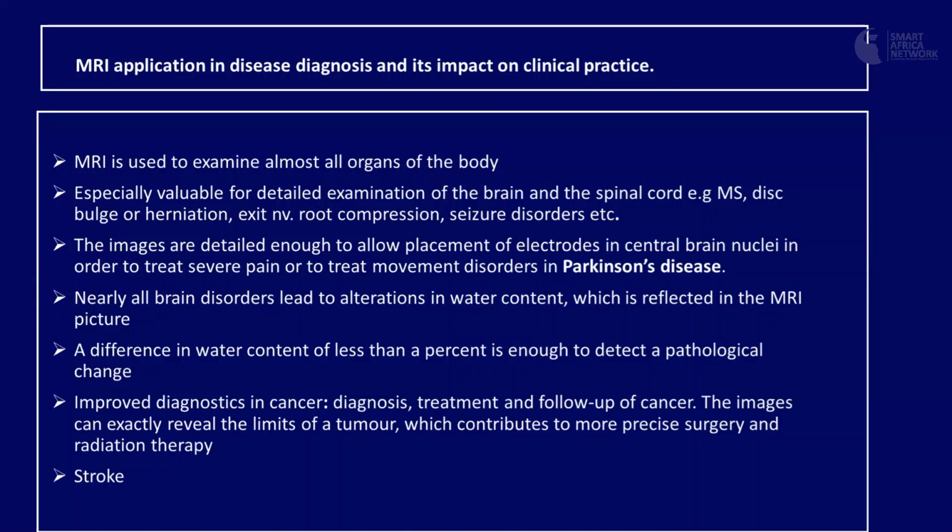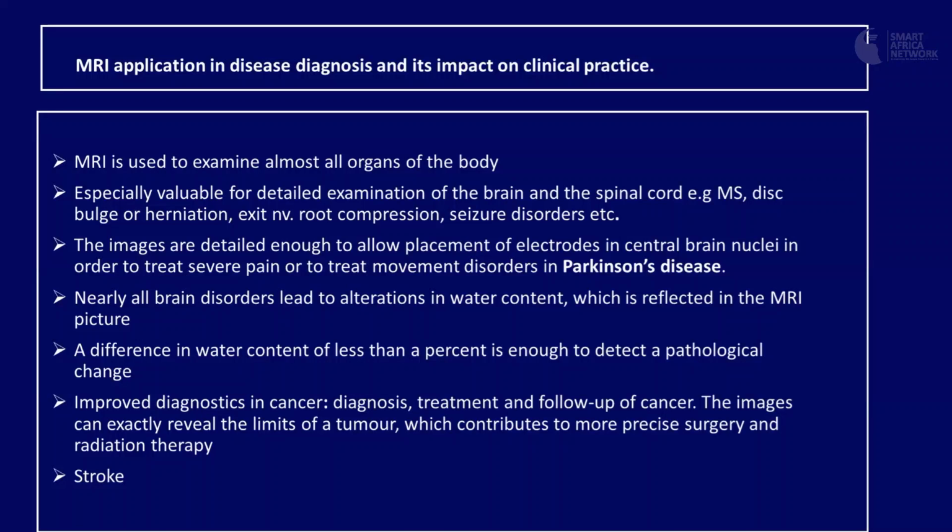Now we move to the application in disease and diagnosis and its impact on clinical practice. The MRI machine is used to examine almost every part of the body. It is very valuable for neurological diseases of the brain and the spinal cord, and Parkinson's disease.